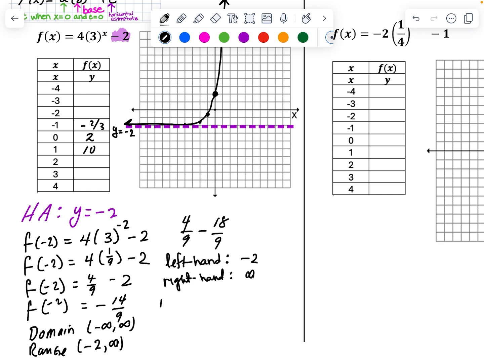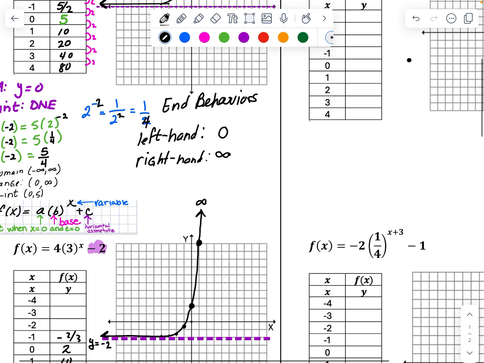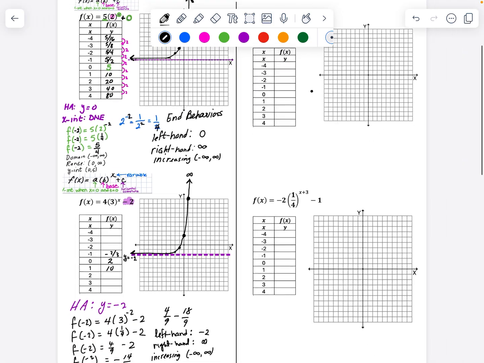Oh, and by the way, the graph is increasing from negative infinity to infinity. And the same is true here. This one is increasing from negative infinity to infinity. Okay.